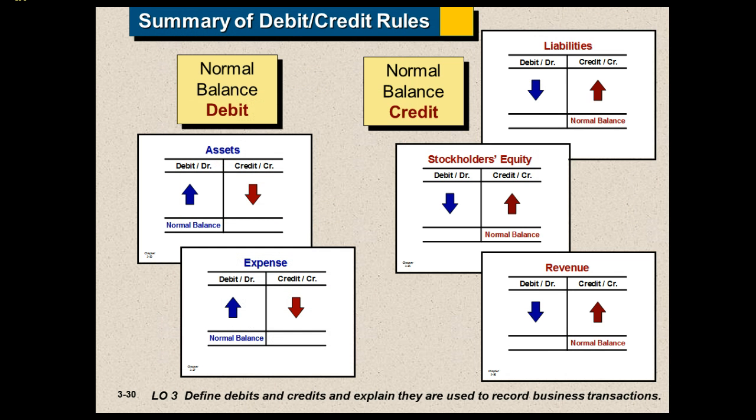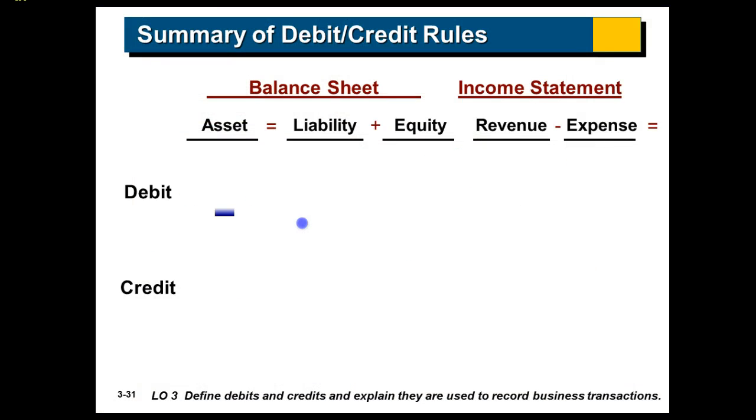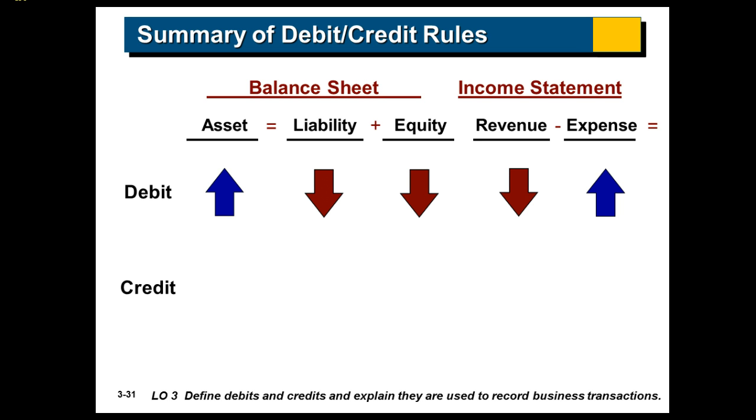So, as you know here, remember, normal debit balances will be assets and expenses. Normal credit balances are going to be your liabilities, your stockholders' equity, and your revenue accounts. So important to just be aware, assets are going to have a normal debit balance, and expenses are going to have a normal debit balance.